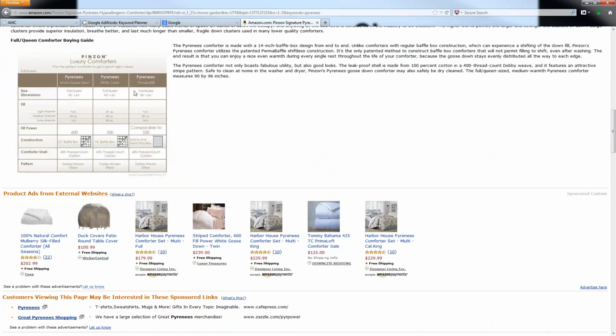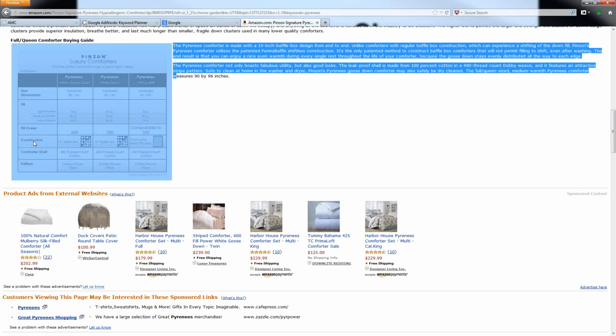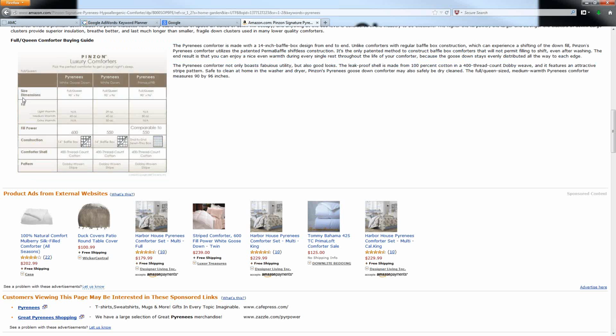If you go a little bit further down this particular page, I have this comparison chart here that Penzon has created. There's a lot of different information in here if you just look through it and look at the different phrases and words that they are using in this comparison chart.